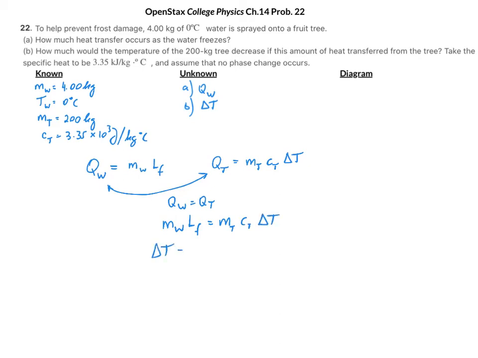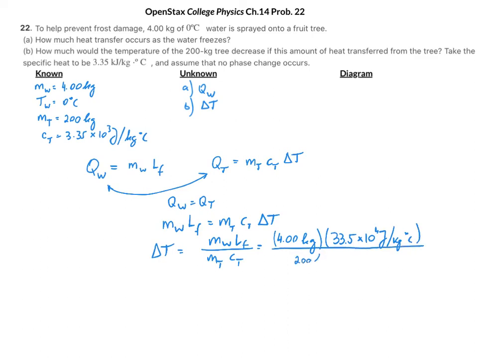So we're solving for delta T, and that will be mass of water times latent heat of fusion divided by mass of tree times specific heat of tree. So that is 4.00 kilograms times the latent heat of fusion for water, 33.5 times 10 to the fourth joules per kilogram, and we divide that by 200 kilograms times 3.35 times 10 to the third joules per kilogram degree Celsius.